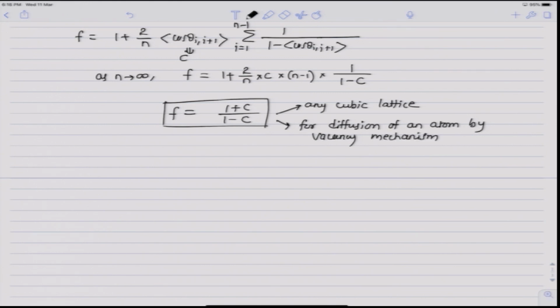So, the correlation factor depends upon two factors: the geometry, which is given by the crystal structure here, and the mechanism of diffusion. In this case, this is for diffusion of an atom by vacancy mechanism. So, for example, in a cubic lattice, if the diffusion is occurring by the interstitialcy mechanism, in which the atom diffuses by forming self interstitials, then the expression for correlation factor will be different.